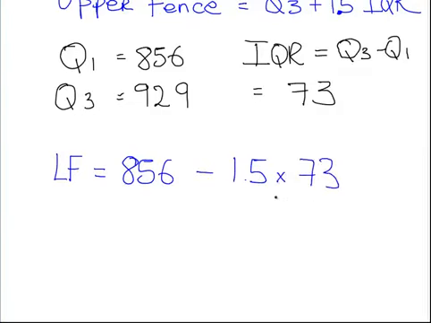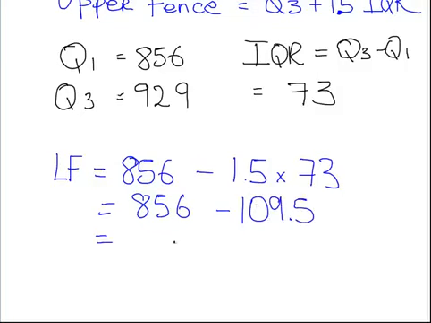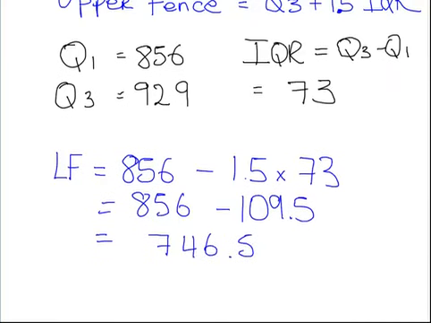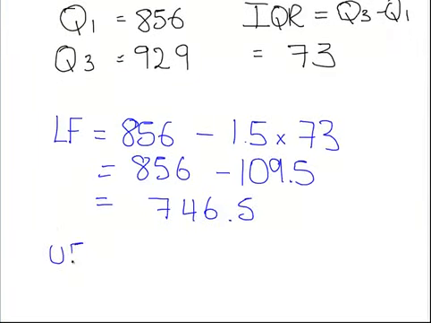Working that out on the calculator, just bear with me a second. I'll confirm that calculation. 1.5 times 73 is 109.5. So the lower fence would be 746.5.